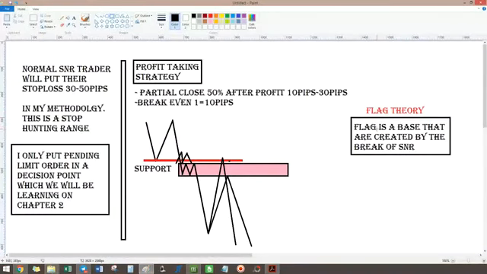The flat theory. A flat is a base that is created by the break of SNR, support and resistance. So RBR, DBD are only this without breaking anything. To make it a flat, it must break support or resistance, or supply or demand. Okay, that will make it a flat.